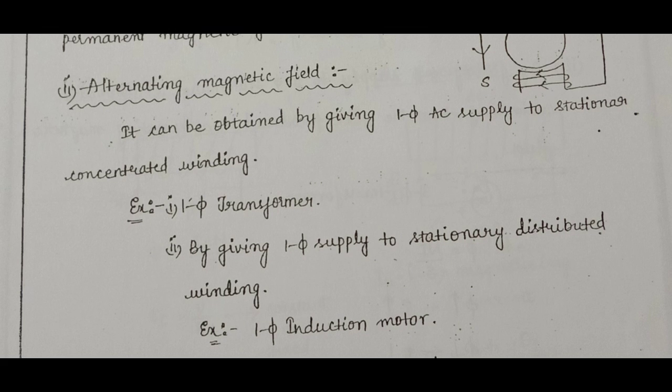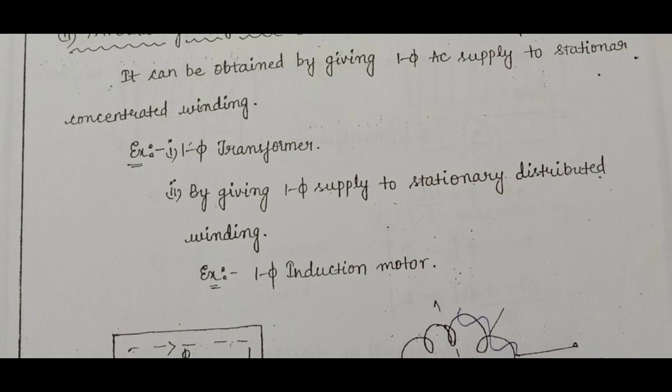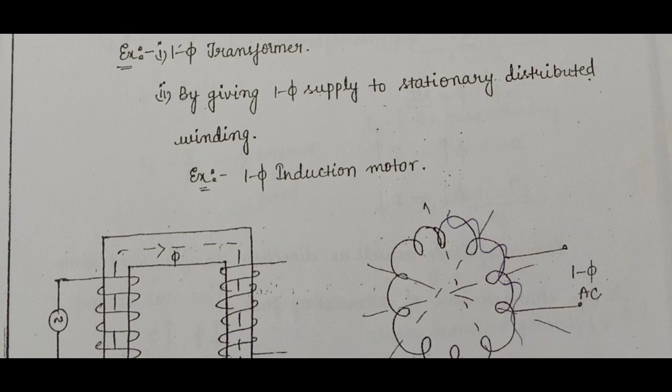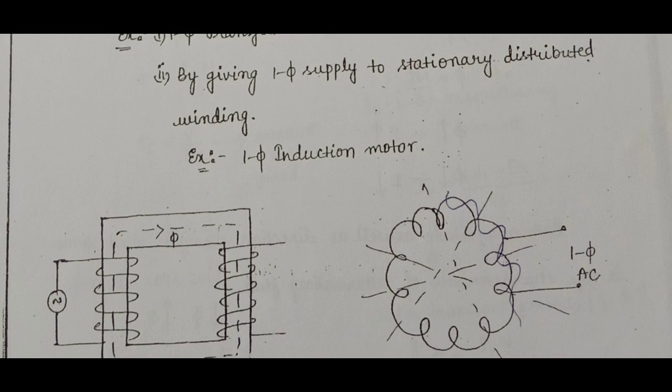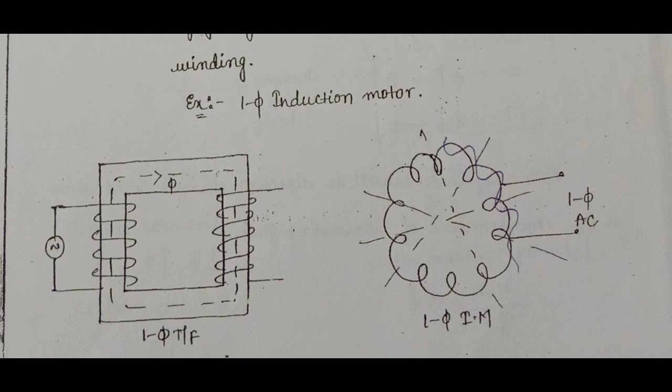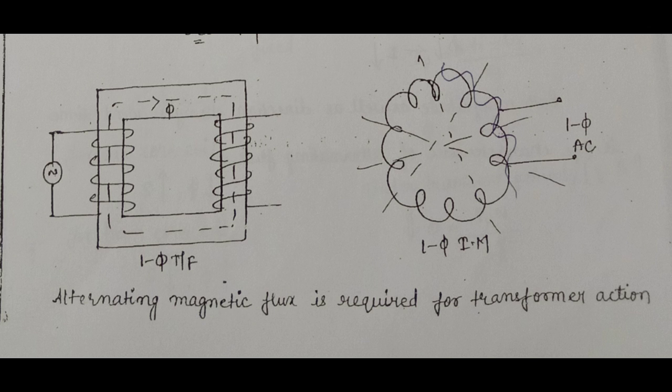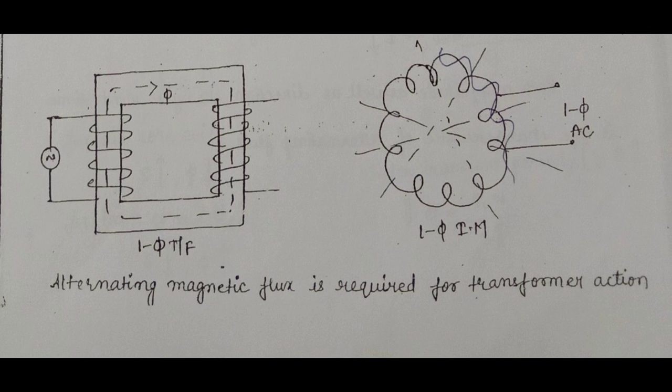Alternating magnetic field can be obtained by giving a single phase AC supply to the stationary winding. Example: single phase induction motor, and in a single phase transformer also you can produce the alternating magnetic field. Alternating magnetic flux is required for the transformer action.